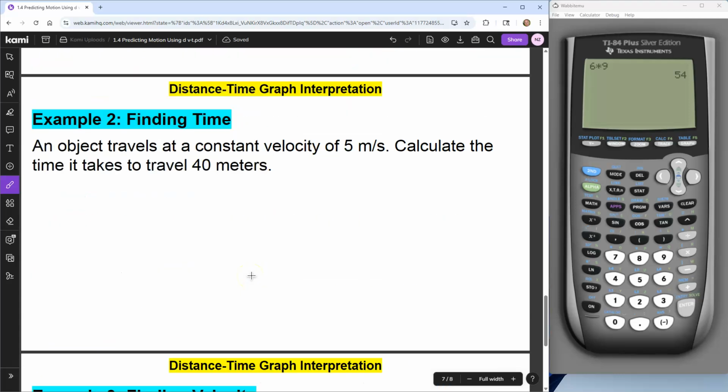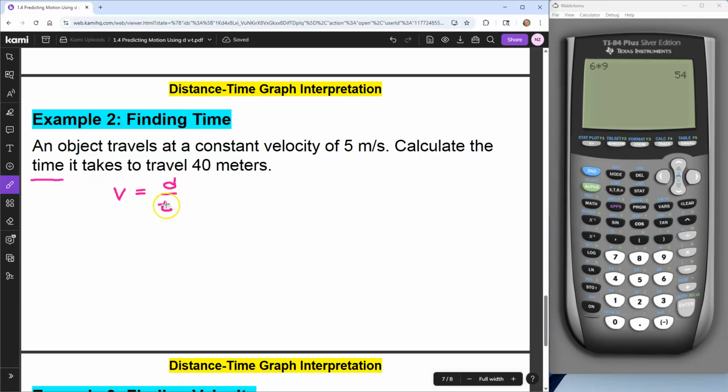Okay, an object travels at a constant velocity of 5 meters per second. Calculate the time it takes to travel 40 meters. Again, our equation is velocity equals distance divided by time. Here we're traveling 40 meters at a speed of 5 meters per second, and we're finding the time.